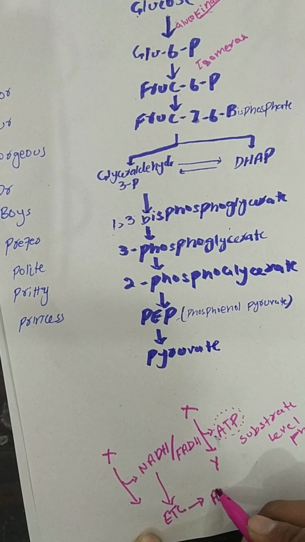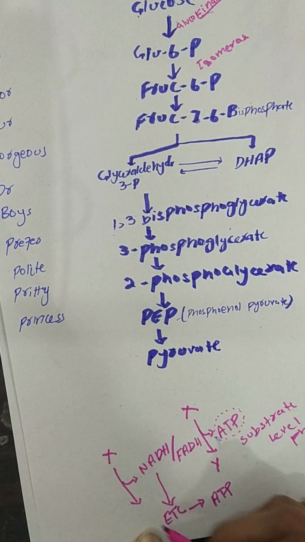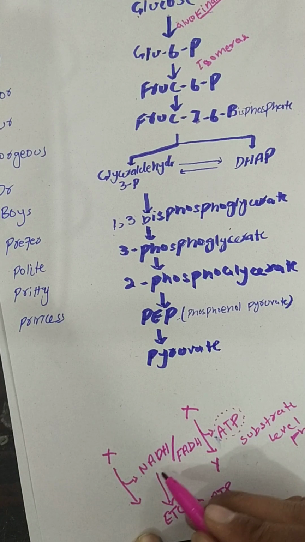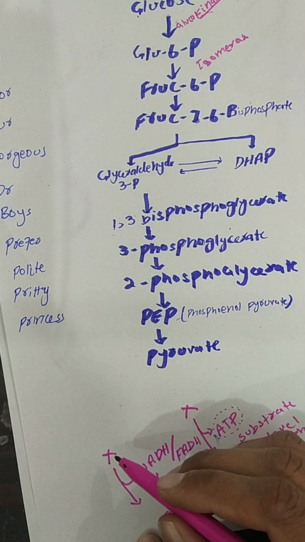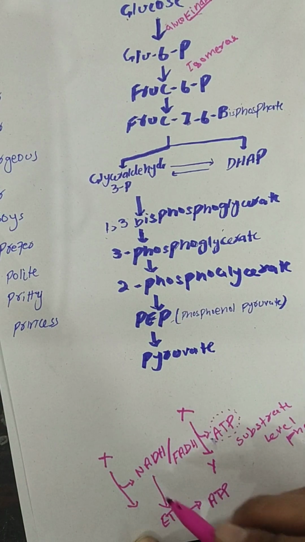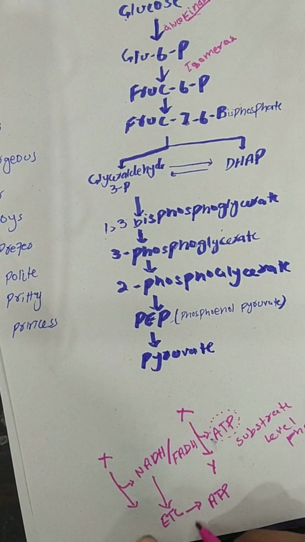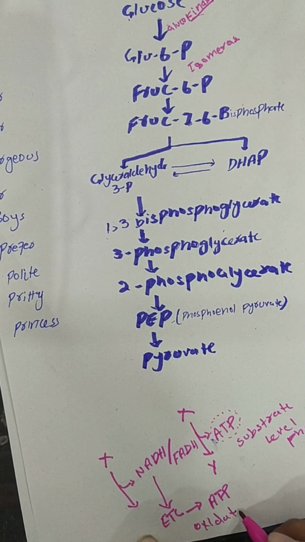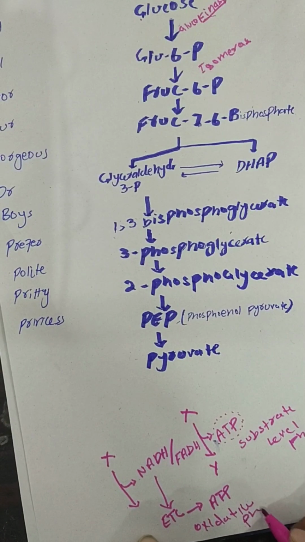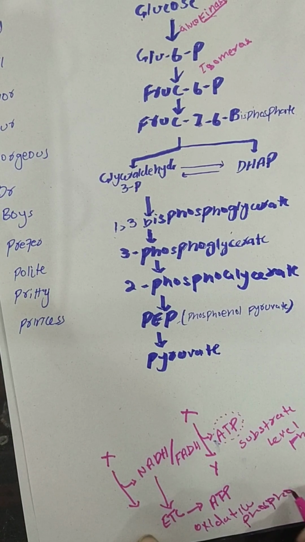It means in this reaction ATP is not produced directly, it is produced indirectly. The reactions in which ATP is produced indirectly are called oxidative phosphorylation.